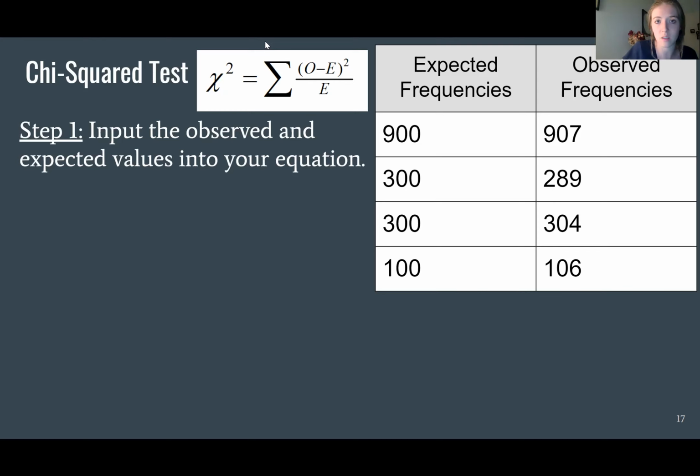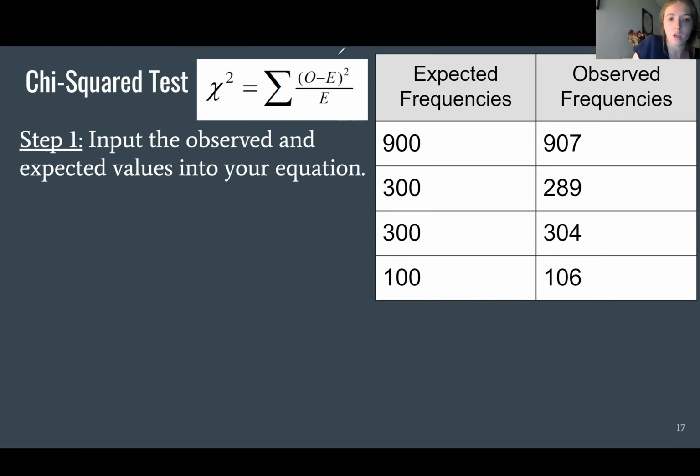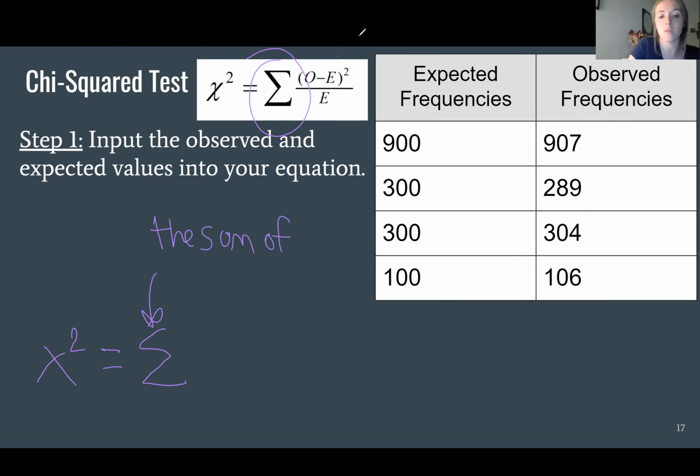That's what this symbol means, which I'm going to circle in purple. When you do your chi-squared test, this symbol means the sum of something, which in this case is the sum of all of your expected versus observed frequencies.